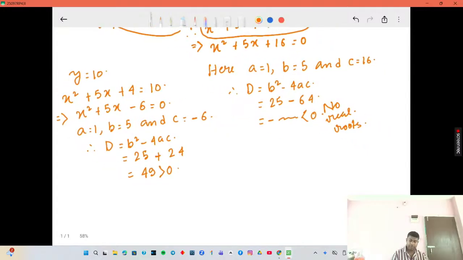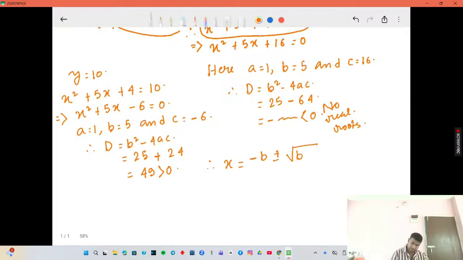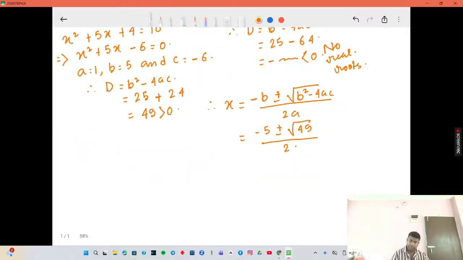So therefore, to find the roots, we'll use the Sridharacharya formula. It is x equal to minus b plus minus root over b square minus 4ac by 2a, which is equal to minus 5 plus minus root over 49 by 2a. What is the value of a? 1. That is, in the denominator it will be 2.